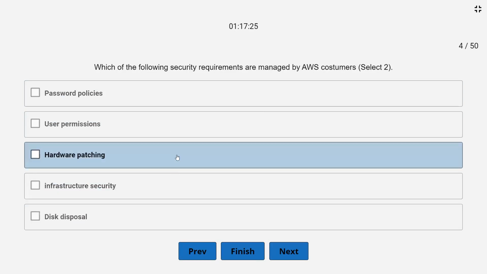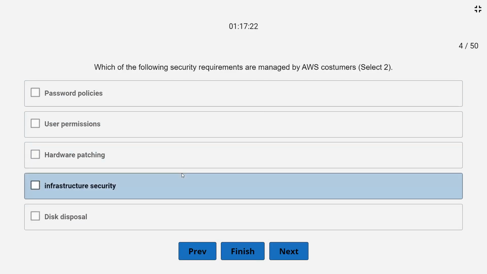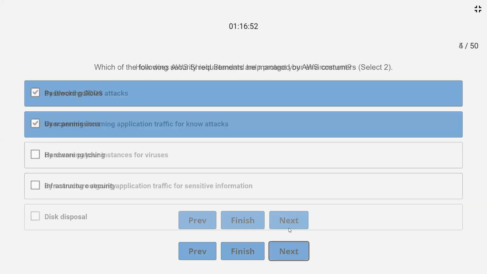Hardware patching is out. Infrastructure security is out. Disposal is out. So that's AB. Nice one.